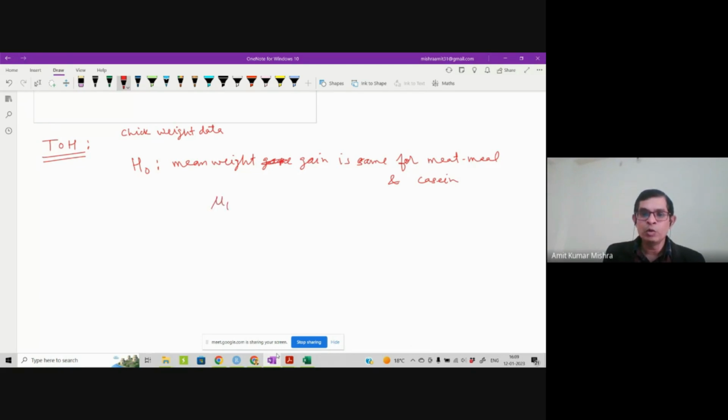That means mu1 is equal to mu2. That is H naught, meaning there is no difference in the meal. And of course, H1 may be mu1 not equal to mu2, mu1 greater than mu2, and so on.